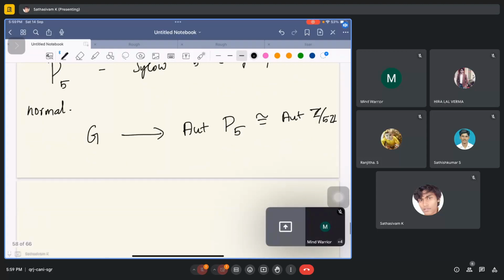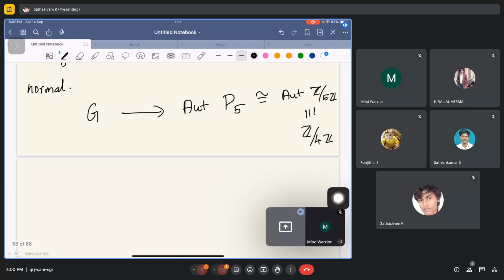The automorphism of Z mod nZ is basically (Z mod nZ) star, and here you can observe that it's a group of order 4. This is easy to compute, you can take it as an exercise.